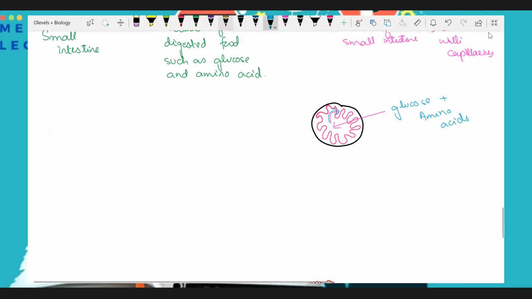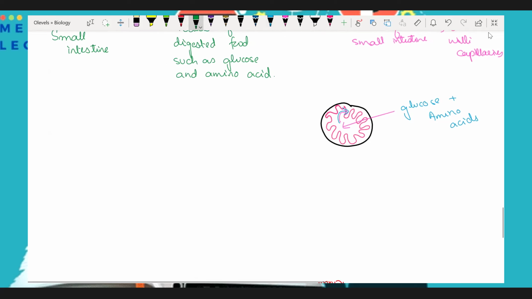Now, in case of plants, we can take an example of leaf. Okay, let's take an example of leaf. In case of leaf, we have carbon dioxide.